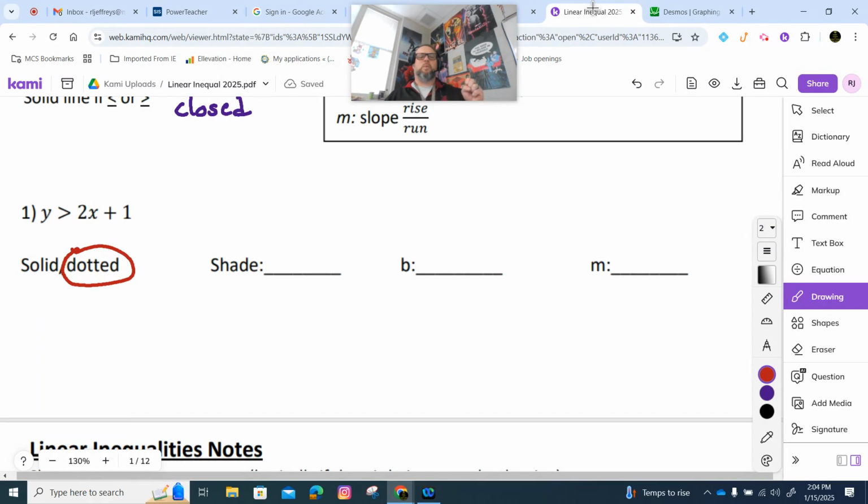Is the Y being eaten? So the Y is being eaten, so we shade up. Oh, like this?